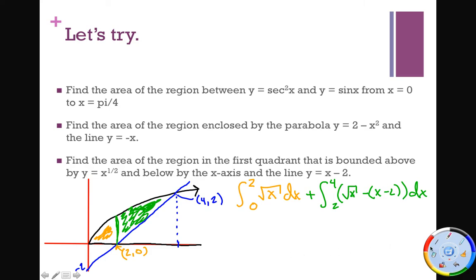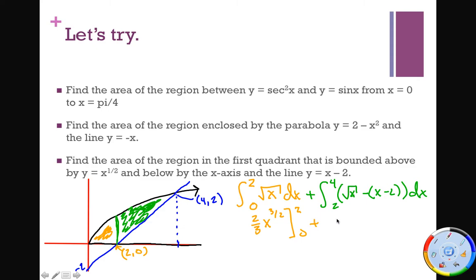Well, again, this just becomes some simple calculations. Doing the orange section, make sure you're finding the antiderivative, not the derivative, that some of you keep doing. What would be the antiderivative of the square root of x? Hopefully you know how to do that. Well, we take x, we add 1 to the exponent, we get 3/2, and we multiply by its reciprocal, and that's evaluated from 0 to 2.